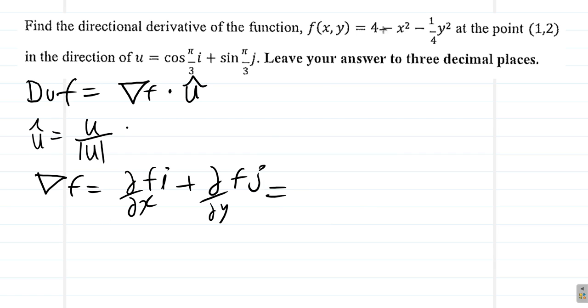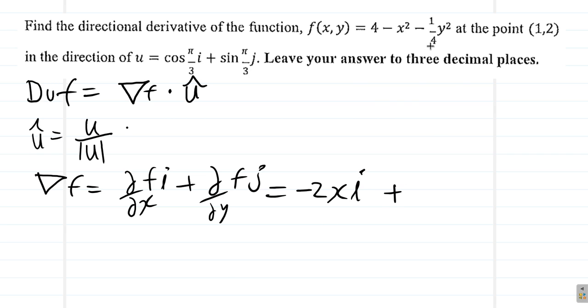Now this is equal to, when you differentiate partially with respect to x, you get negative 2x, times the i. I don't want to leave that out.